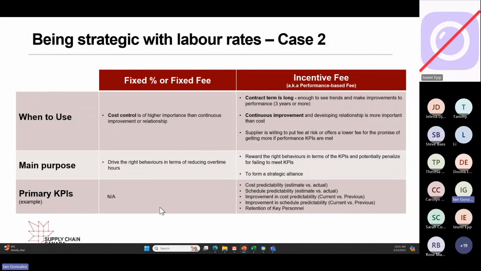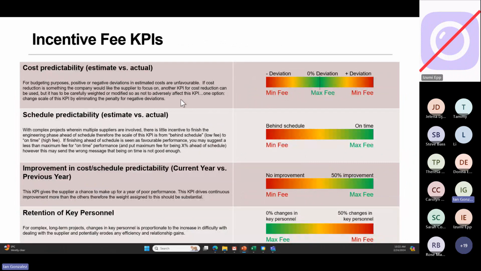Some KPIs are cost predictability, schedule predictability, improvement in cost predictability, improvement in schedule predictability, and retention of key personnel. What are these things? Cost predictability is the cost estimate at the beginning of the relationship versus the actual. For budgeting purposes, positive or negative deviations are unfavorable.